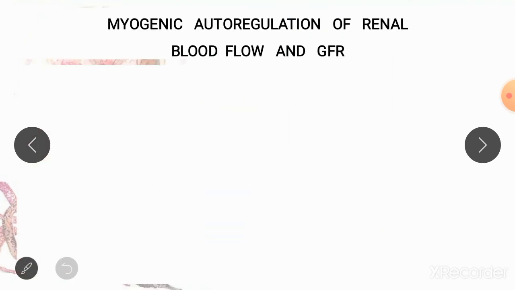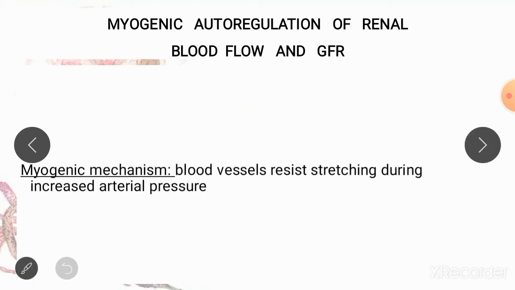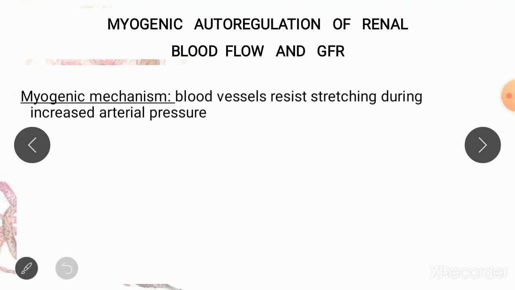Another effect is the myogenic effect, through which you can regulate your blood pressure and GFR of the kidney. Myogenic mechanism is a theory which proposes that blood vessels always resist stretching during increased arterial pressure.